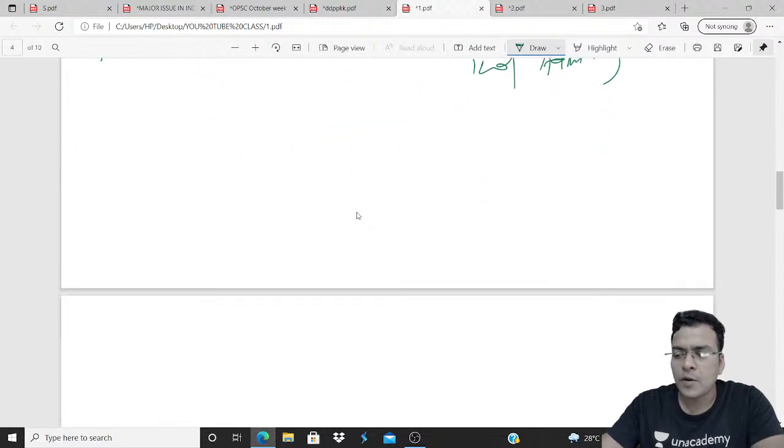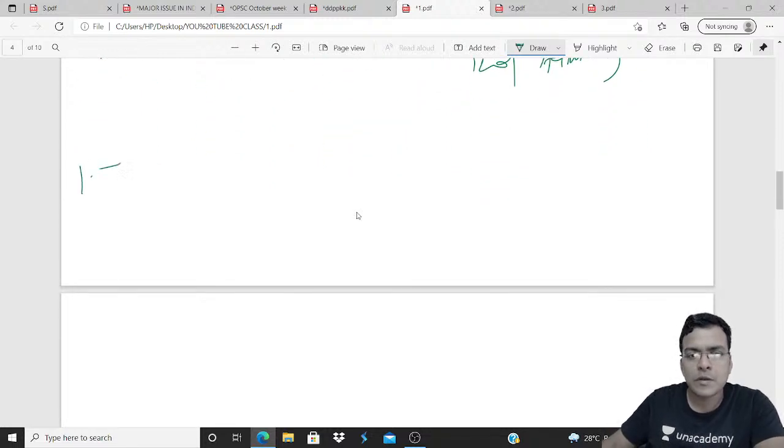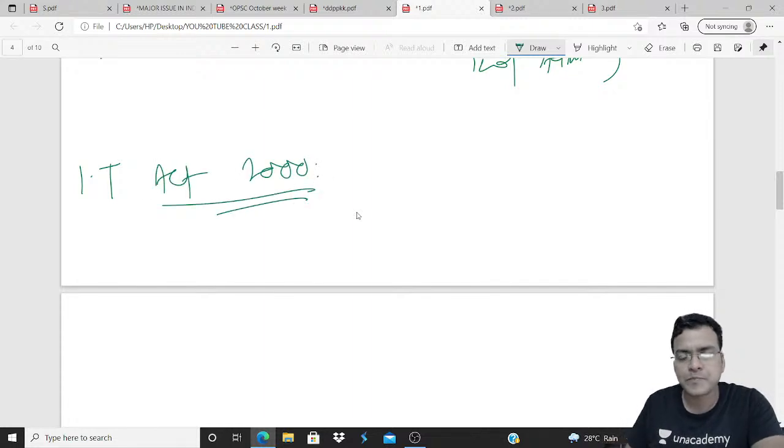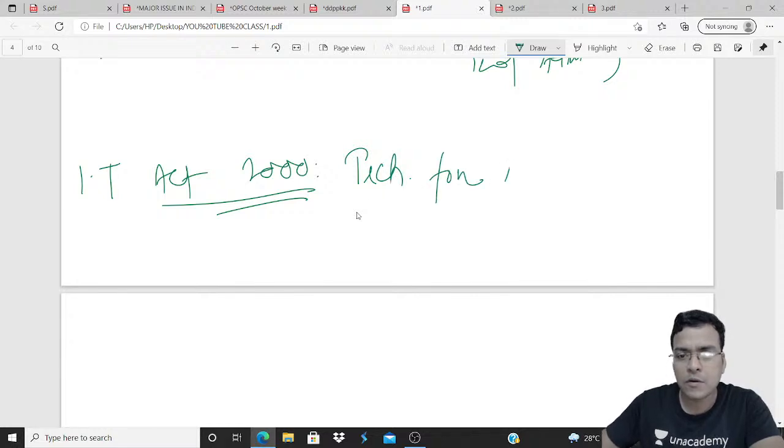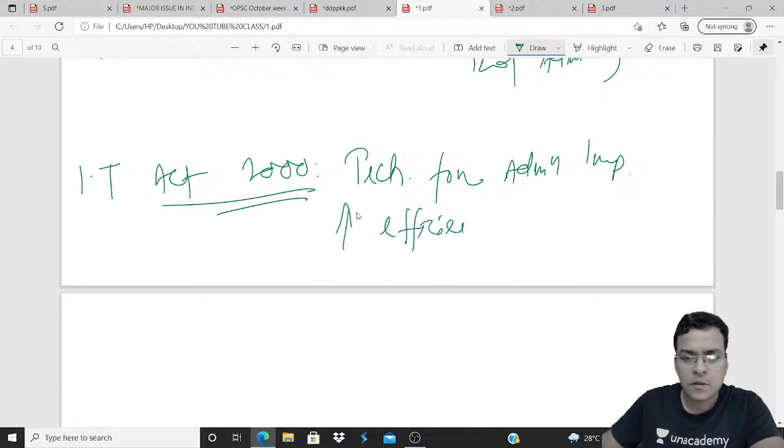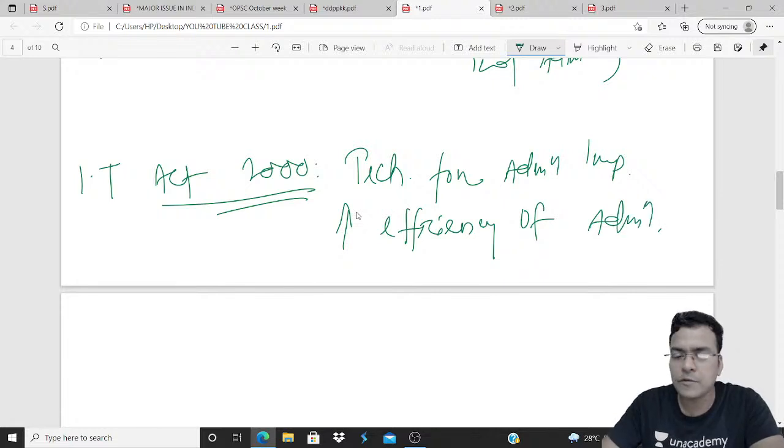1997, and the Government of India came out with the IT Act 2000. Yes, IT Act 2000. IT, which we can call an important technique for administrative improvement, increases the efficiency of administration. Okay.